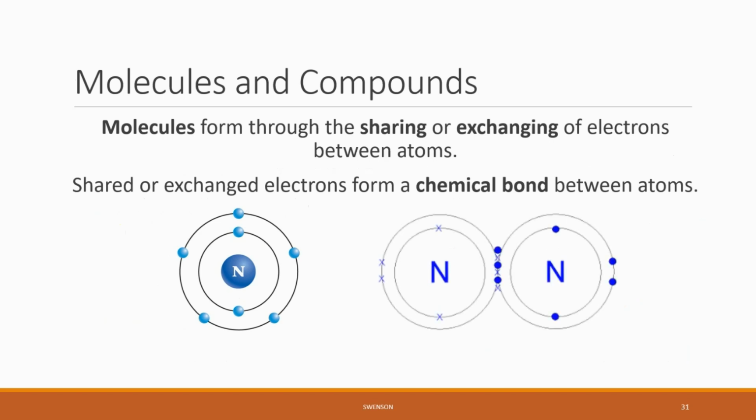In this example, nitrogen has 5 valence electrons. By sharing 3 of its electrons with another nitrogen, each now has 5 plus 3, or 8 electrons in their outermost shell. This is the most common form of nitrogen in our atmosphere, and the reason is because once it is formed, it is very difficult to break those triple bonds to make other molecules with nitrogen.